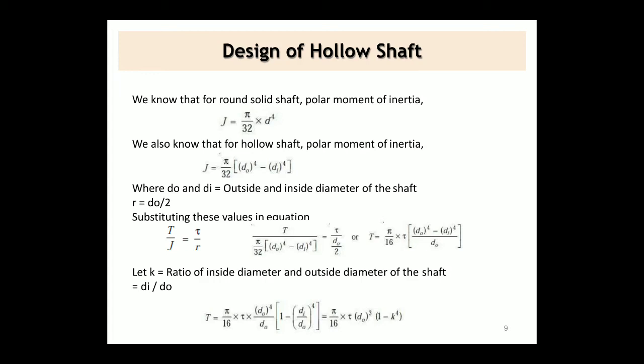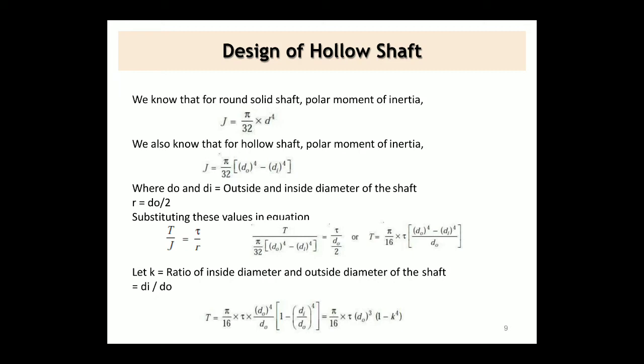Now we will see the design of hollow shaft. Now we know that for round solid shaft, the polar moment of inertia J is equal to pi by 32 d raised to 4. So now for the hollow shaft, the polar moment of inertia can be written as J equal to pi by 32 into do raised to 4 minus di raised to 4.